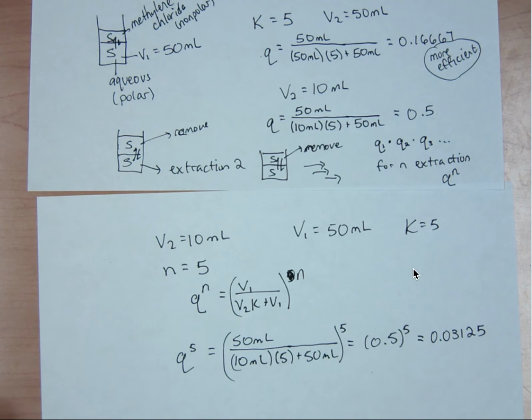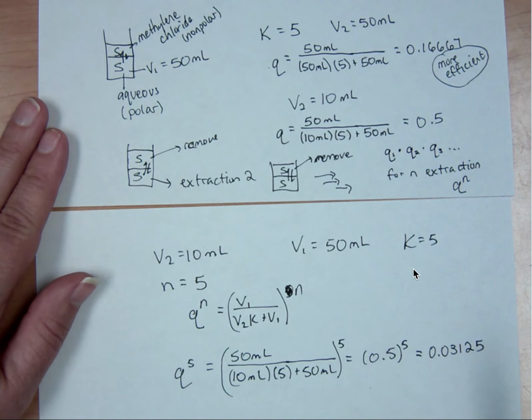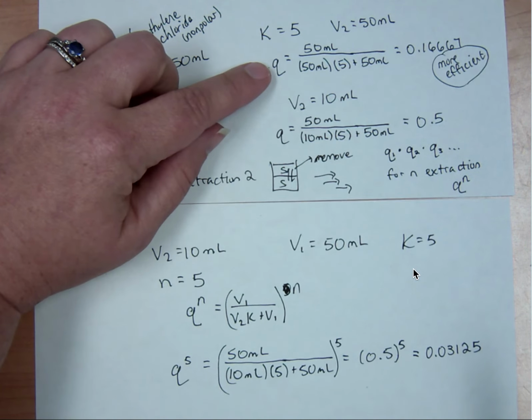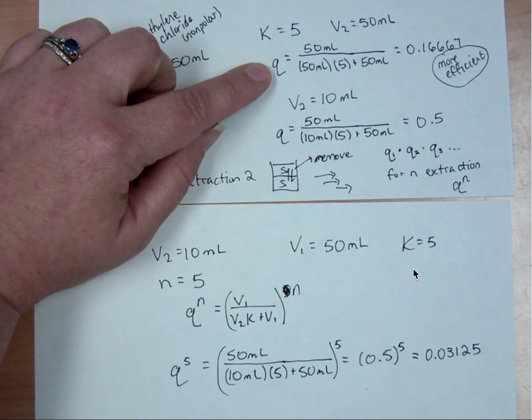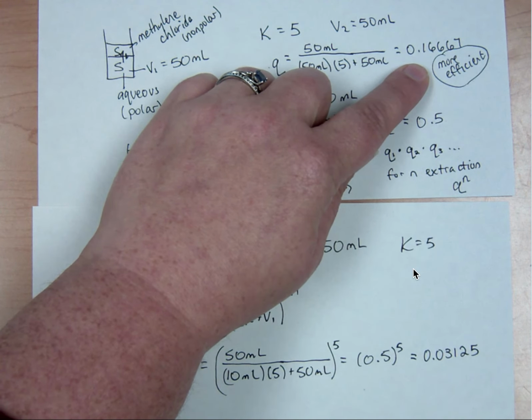So what does this mean in terms of everything we've done here? When we did a single extraction using 50 mils of methylene chloride, we got an extraction efficiency of 0.1667.